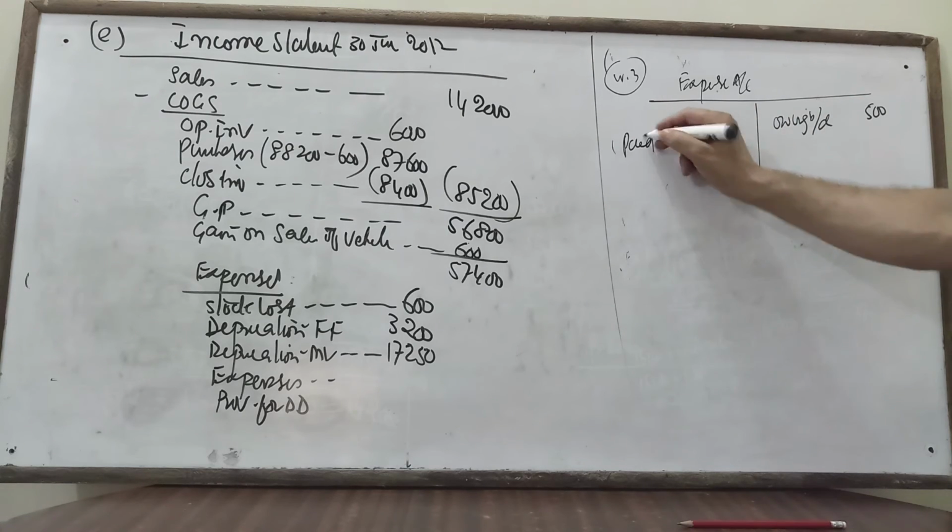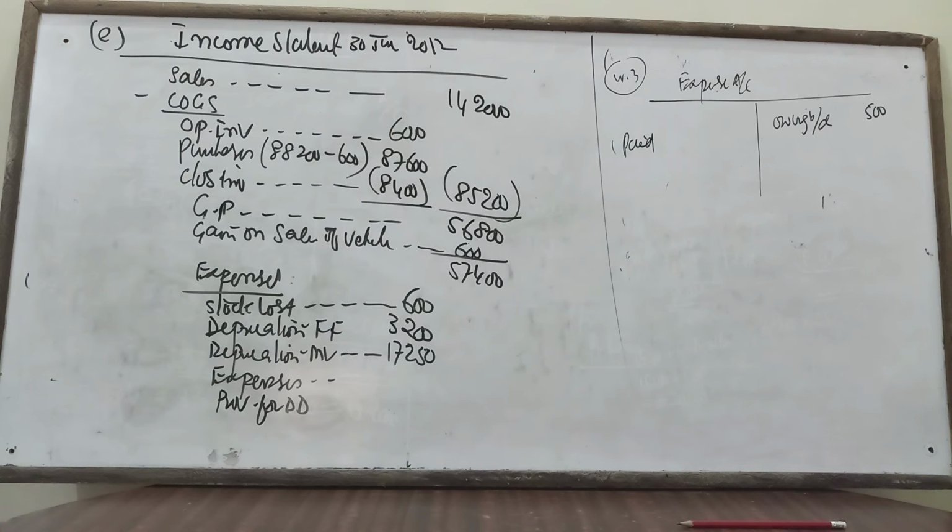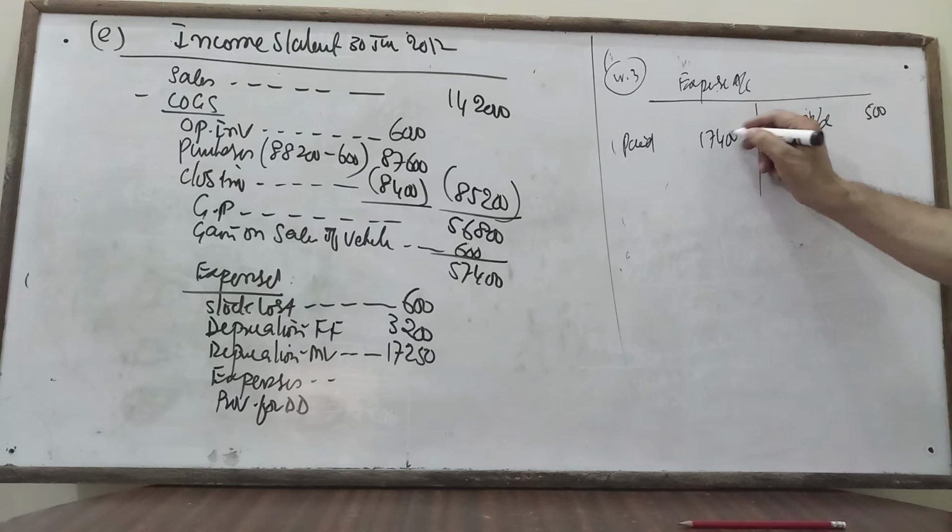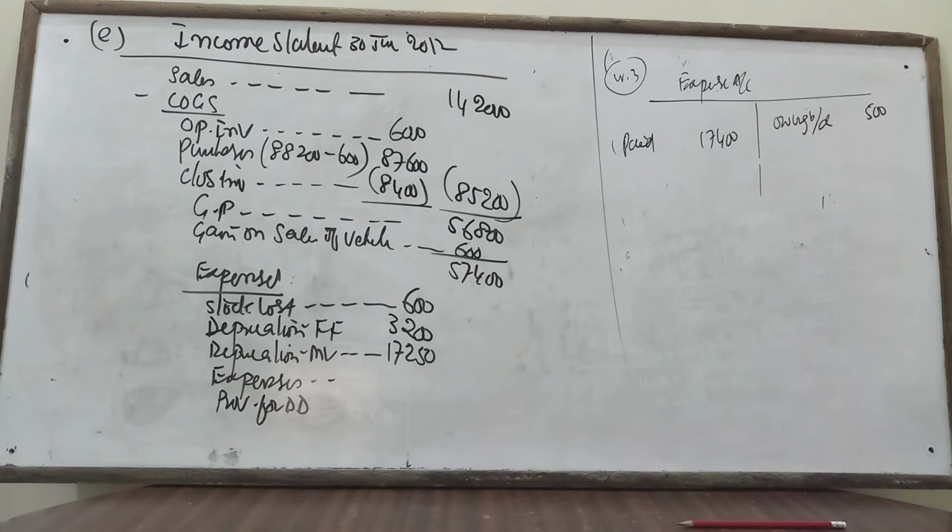Expenses paid for the year are given in the cash book: expenses paid 17,400.